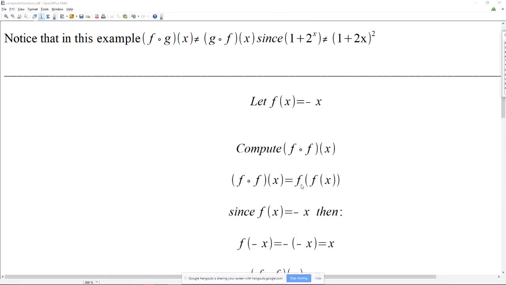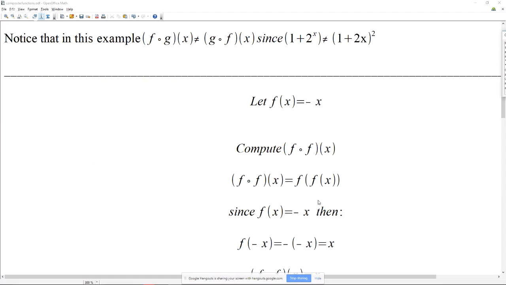It's just a function f of x with the argument f of x. You guys have kind of figured out how to make this argument work, right? If this was a g here, it'd be g of f of x. If it was a g here, it'd be f of g of x. So you're just taking this and putting it as an argument to the input of the next function. So if f of x is equal to negative x, I just stick in negative x, right?